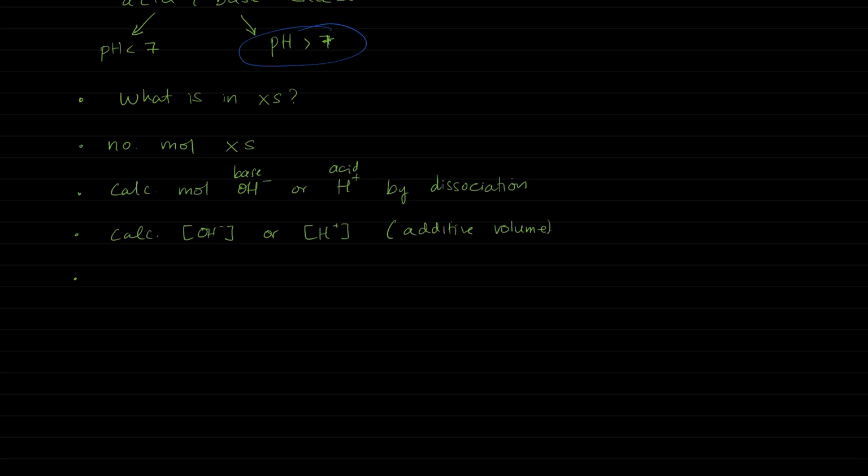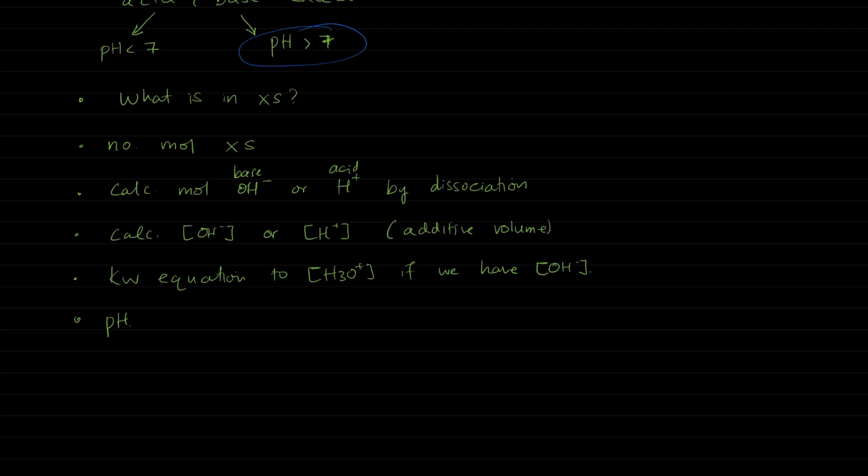After that, we may need to use the Kw equation to calculate the concentration of H3O plus if we have the concentration of OH minus. And then the last step is to calculate the pH. This is just a general guideline to the process of solving a question like this. It's not always going to be this way, but it's more or less how you would solve it.